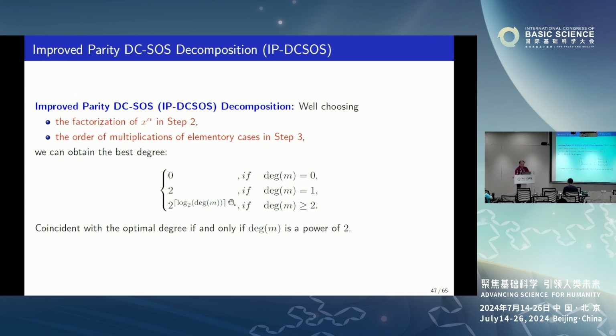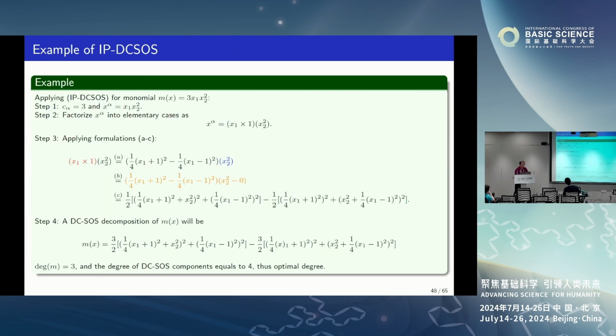Meaning that here, once the degree of m is larger than 2, you can get 2 to the power of the logarithm of this. It's not the exact degree of m. It's equal if the degree of m is a power of 2. In other cases, there's a gap. So it cannot achieve the really best decomposition, except for particular cases.